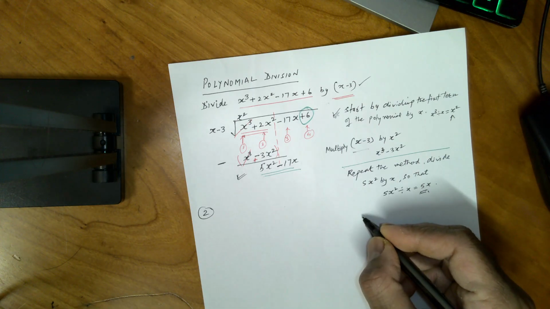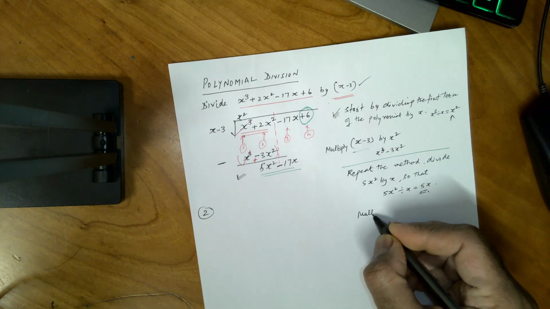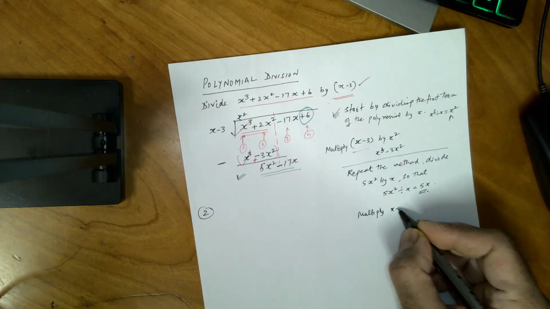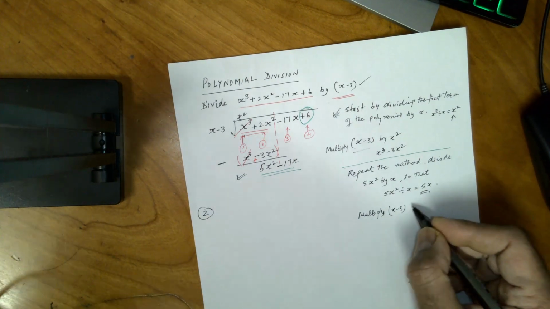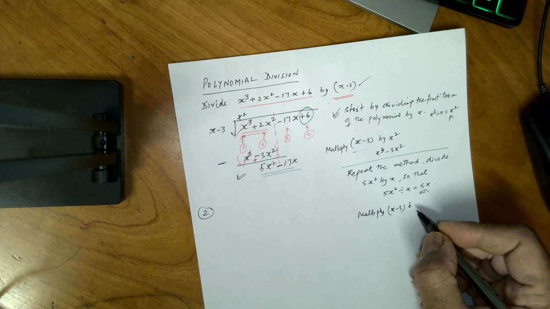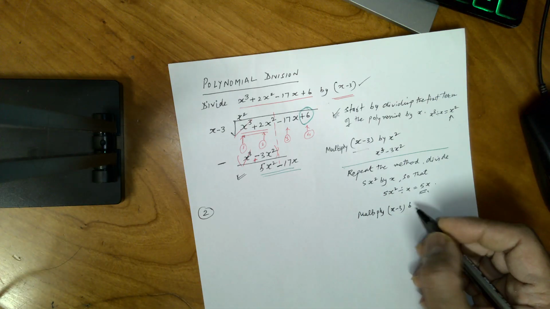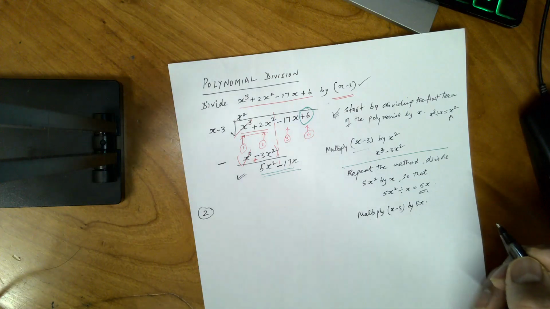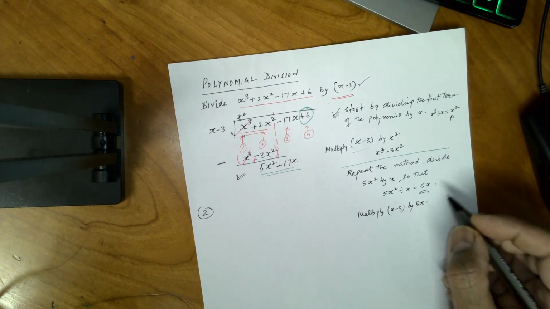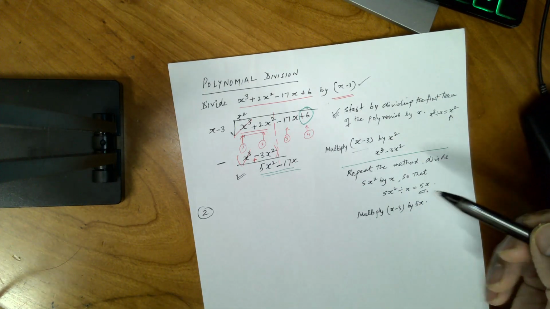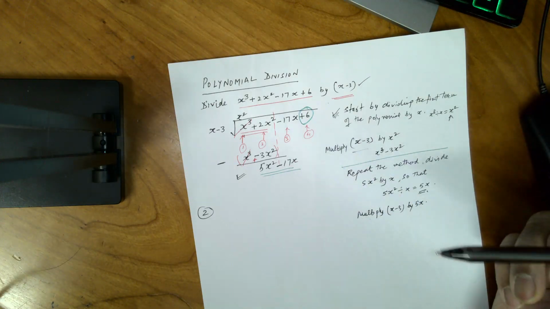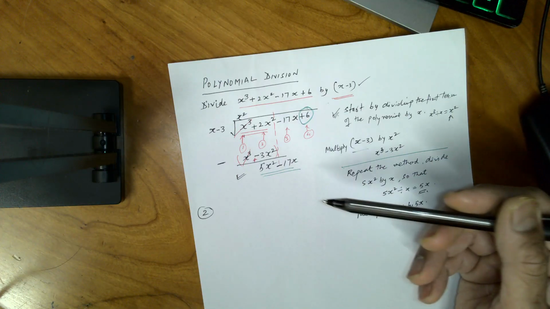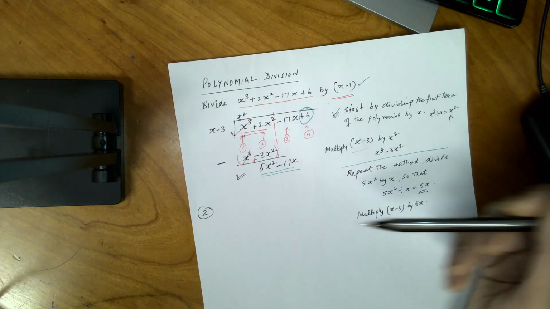So what you will do then is multiply x minus 3 by 5x. You also need to understand that each time, whatever remainder you get here after subtracting, you need to see what you would actually multiply.